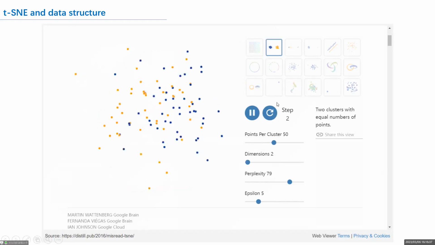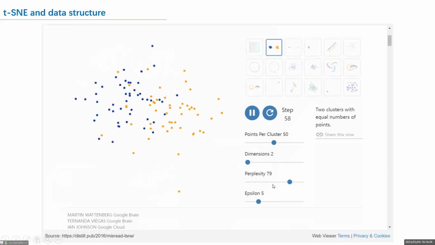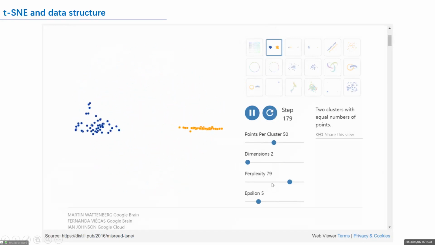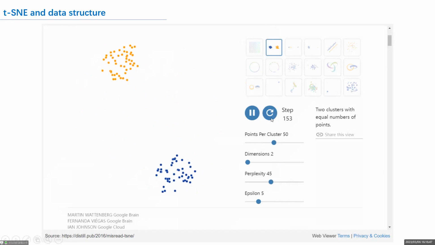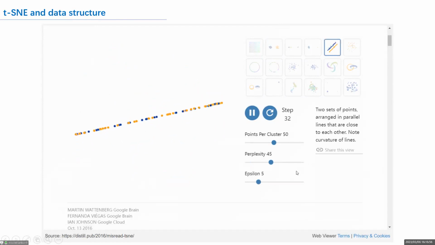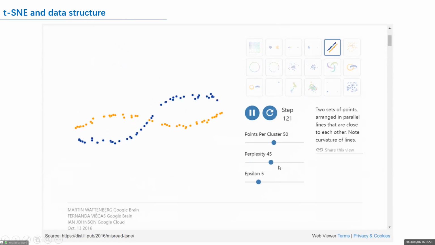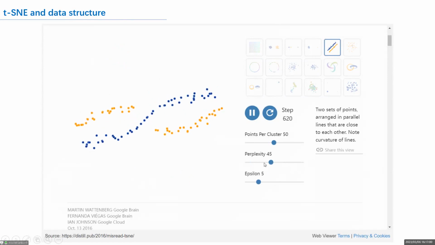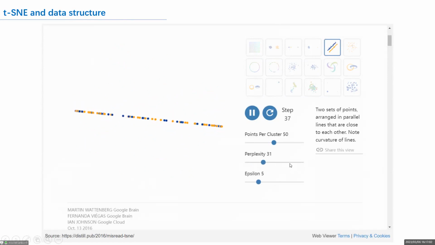We can find that by tuning the hyperparameter called perplexity, the two clusters discrete in high-dimensional space could also show a similar pattern, and the parallel structure, and also the intersected structure.